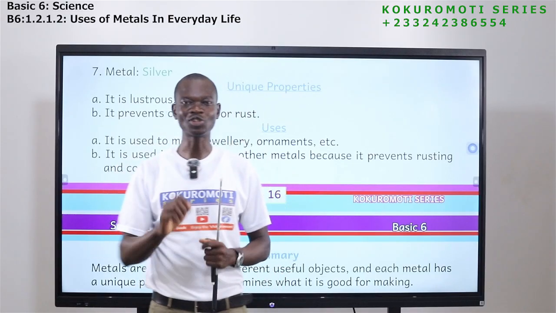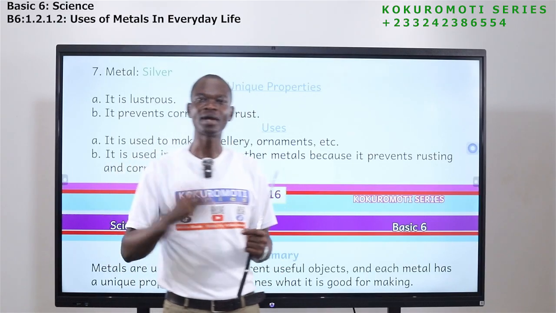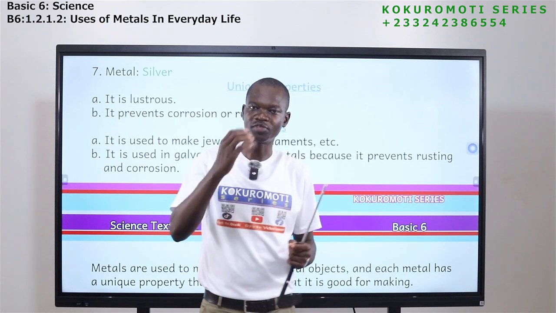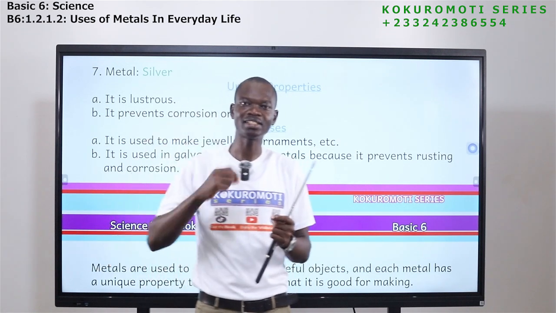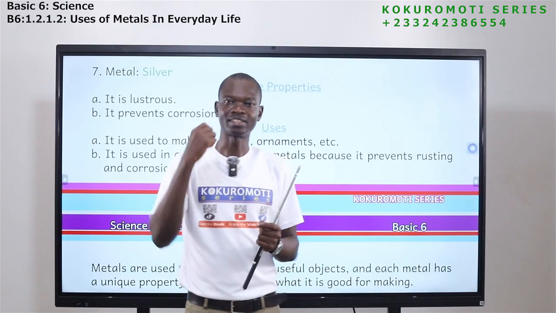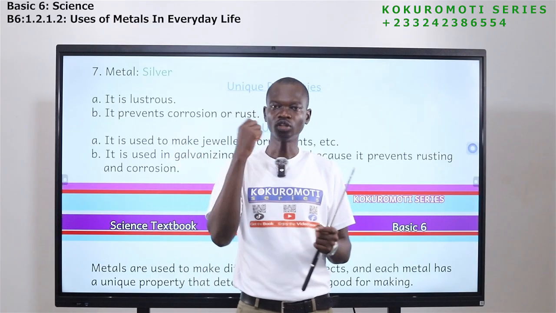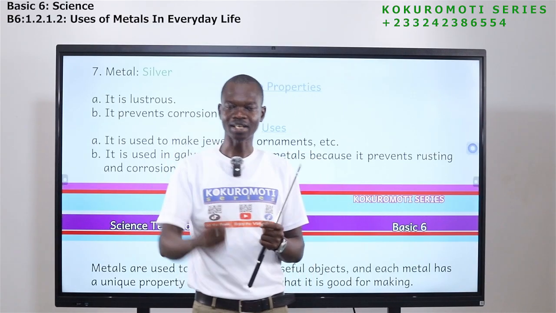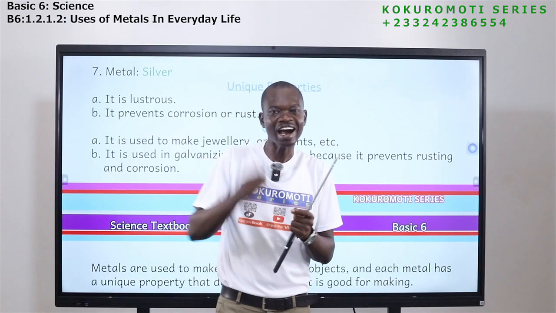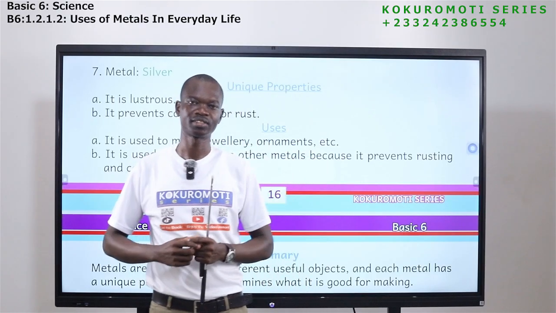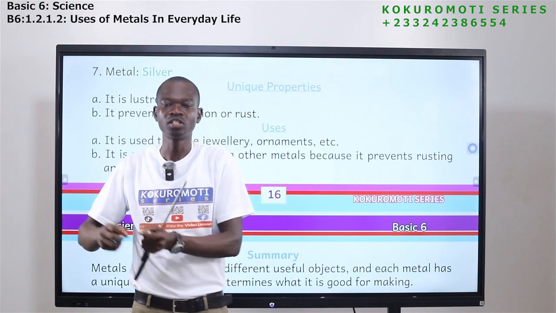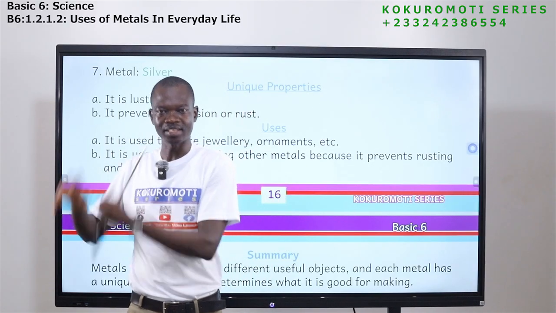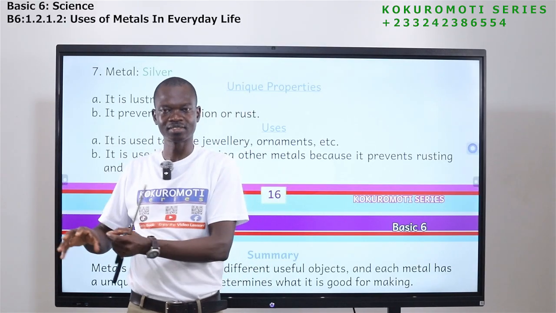And you should know that though in general metals have their properties, if you take the examples separately and you analyze each example of metal, you will see that all the metals have their unique properties. And because of their unique properties, they are used for certain particular things.